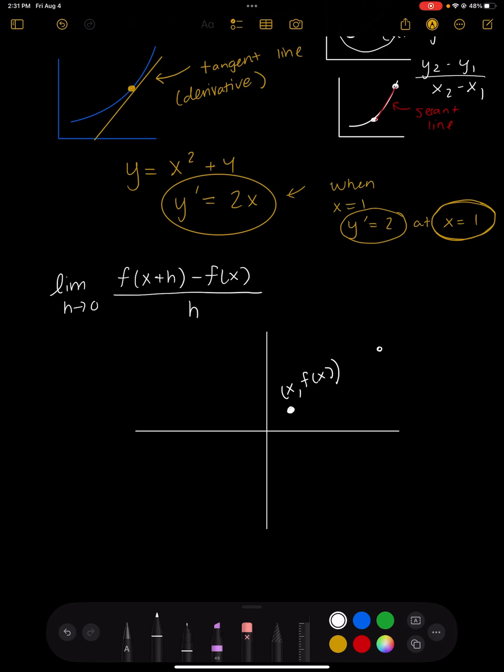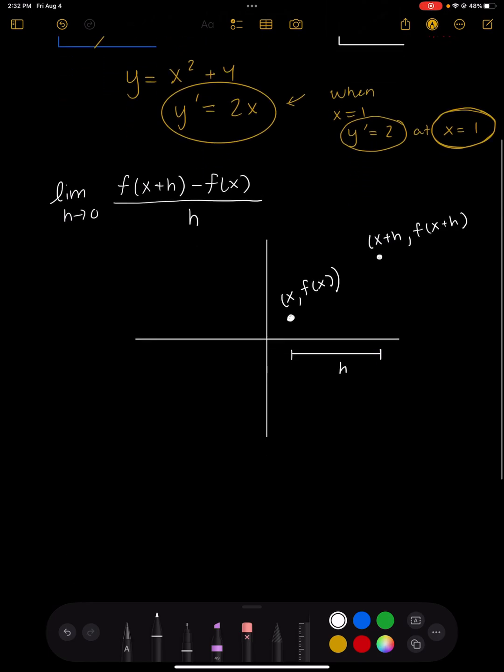And then if I were to have another point over here, so let's say the horizontal distance between these 2 points is h. We'll just represent it as h. Well, I know the x coordinate here would be x plus h. And then it would be f of x plus h, just because that's the horizontal distance, which is h.